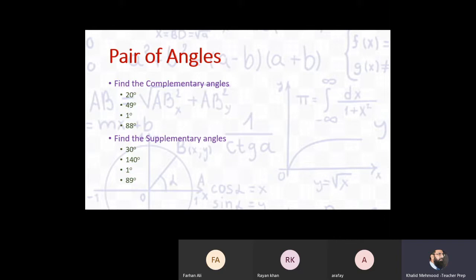We are asking about supplementary angle. So subtract from 180. Let's check it out.